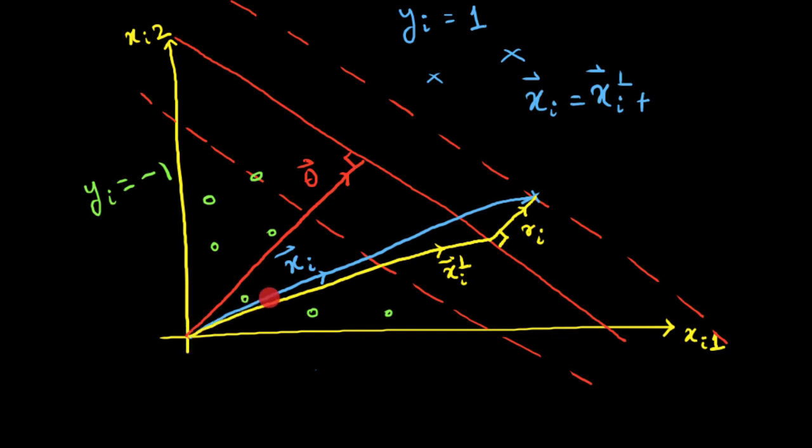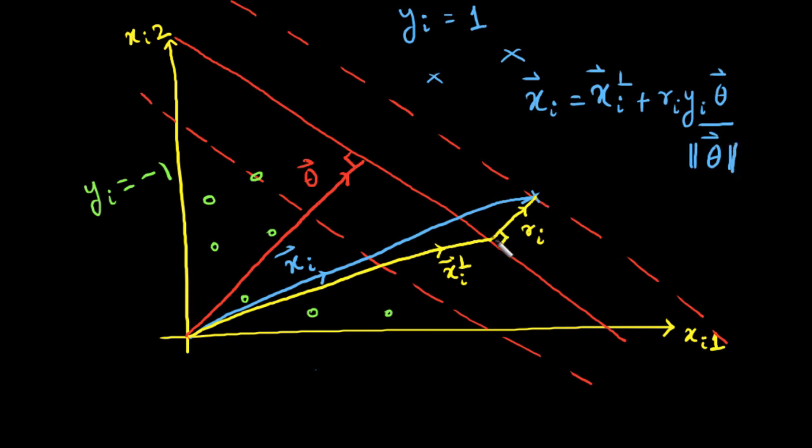The magnitude of this vector is ri, its direction is along theta, and whether you have to add the vector or subtract the vector depends on which side of the decision boundary you are on. So we can write this xi vector as xi perpendicular vector plus ri into yi into theta vector divided by theta vector norm. How is this working?